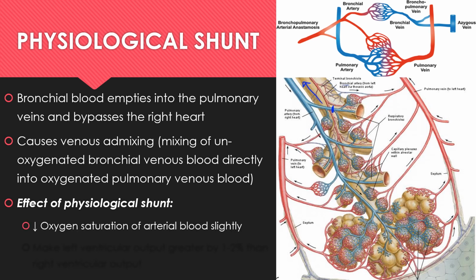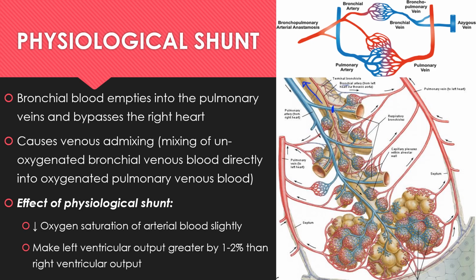That decreases the oxygen saturation of arterial blood slightly. It also makes the left ventricular output greater by 1 to 2% than the right ventricular output, because the extra blood from the pulmonary vein increases the overall left ventricular output.